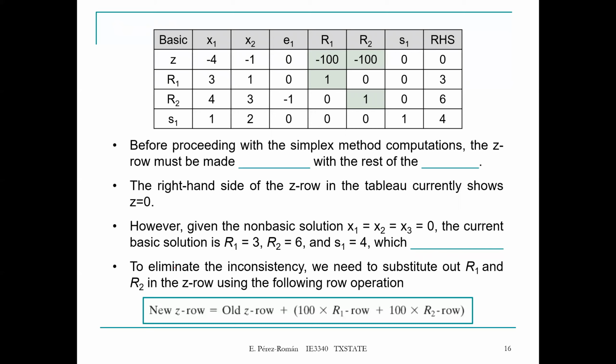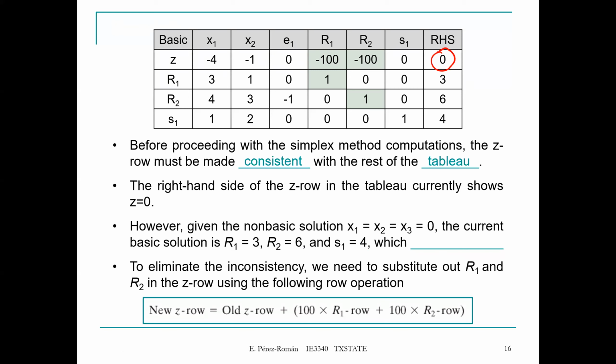So those are going to be our basic variables. This is the same table, but before proceeding with the simplex method computations, the Z row must be made consistent with the rest of the tableau. The right-hand side of the Z row in the tableau currently shows that Z is equal to 0, as we can see by looking at this value.